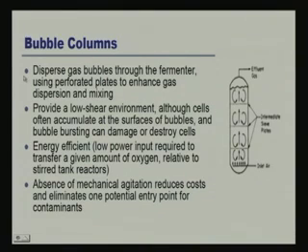reactor. Here the gas bubbles are dispersed through the fermenter, using a perforated plate to enhance gas dispersion and mixing. It provides a low shear environment, although cells often accumulate at the surface of the bubble, and bubble bursting can damage or destroy the cells.